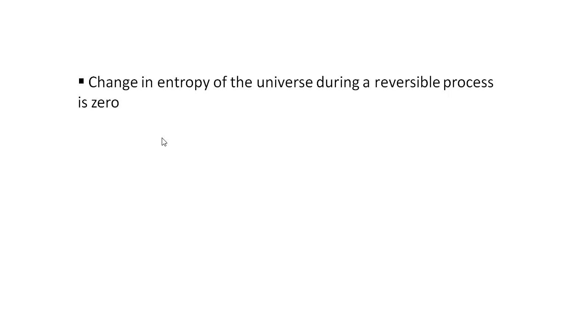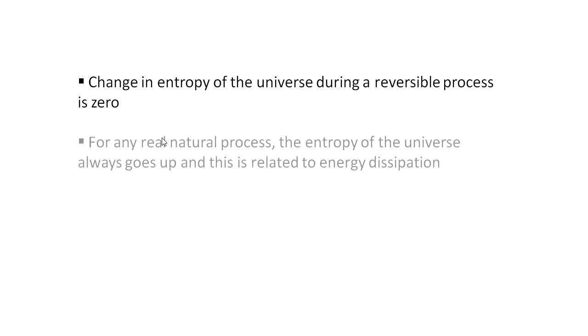The second point is that for any real natural process, the entropy of the universe always goes up, and this is related to dissipation of energy or work getting lost dissipatively as heat during the process.